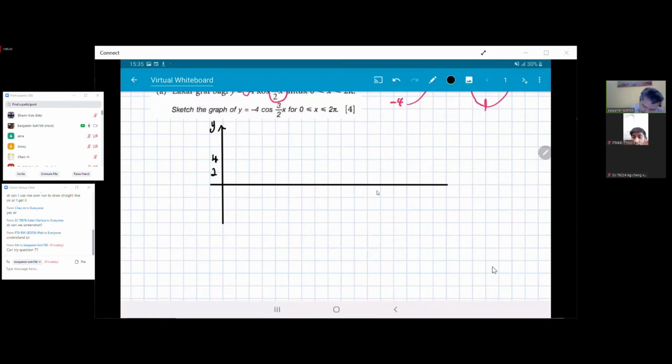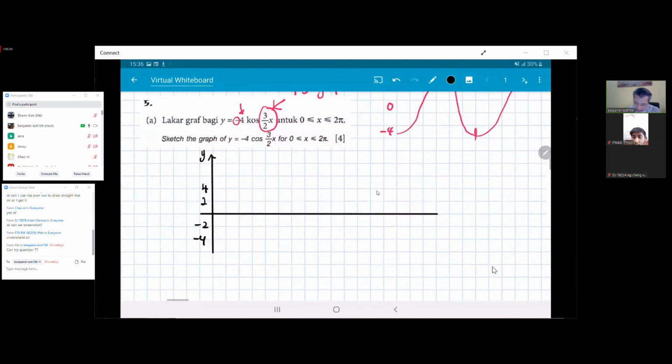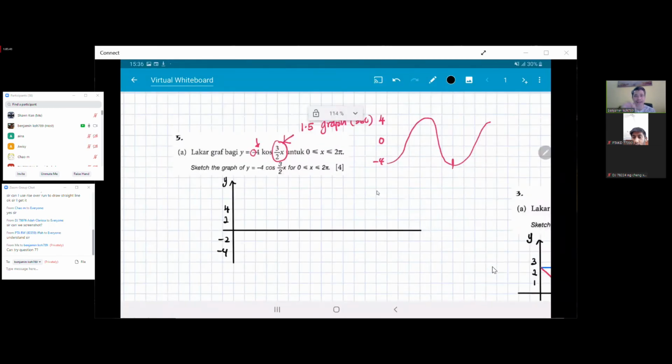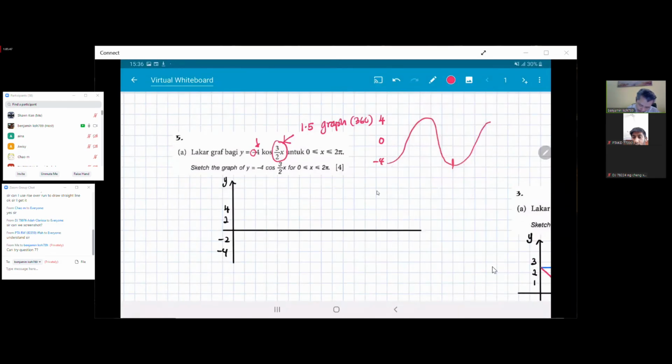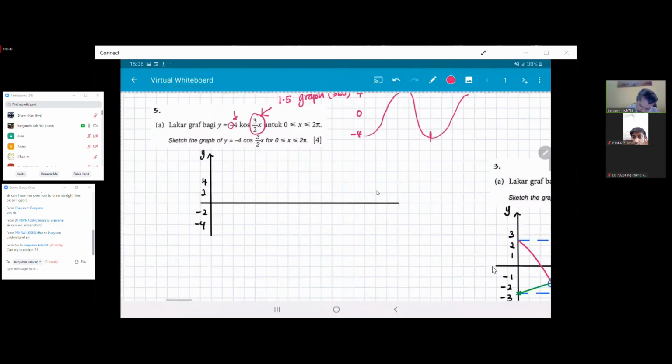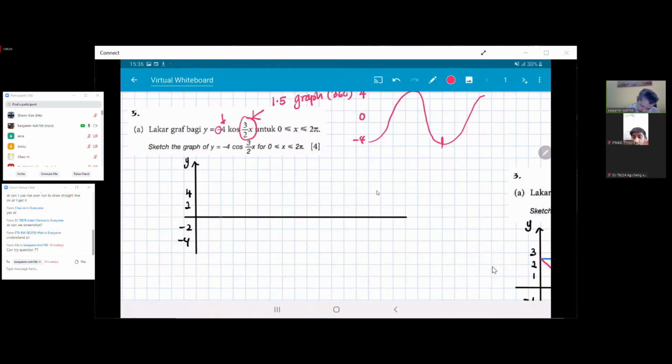I don't want to tarik until too far away. All right. So I know the graph I need to draw is an upside down cos graph. I know that the graph I need to draw is 1.5, 1/2. Okay, 1.5. So how am I going to draw 1.5? Let me just, I tell you what, make it easy, right? I'll just do this, this, and this. So it's easy for me to draw.